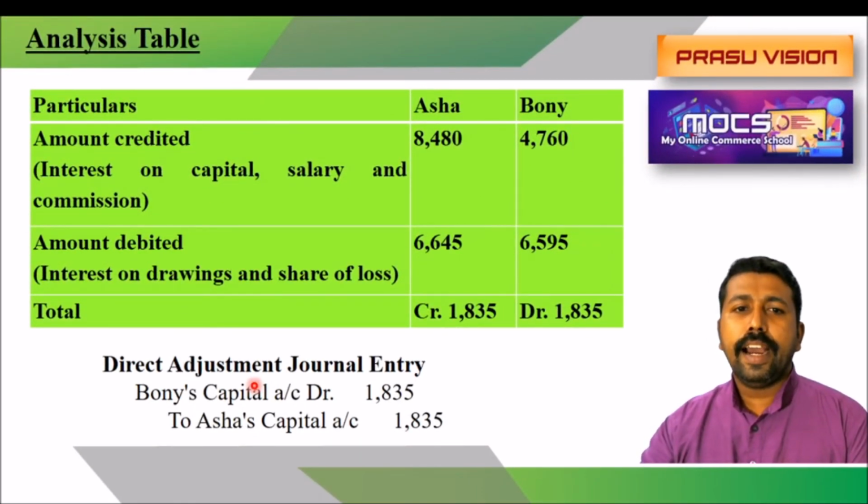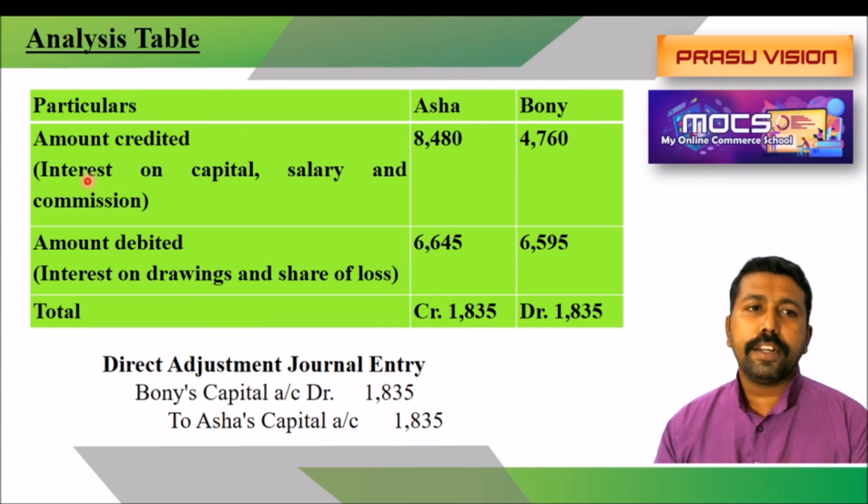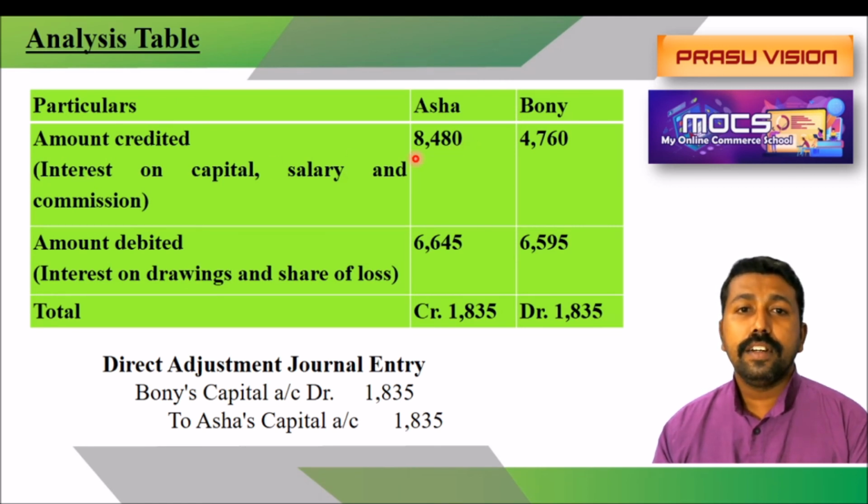So here is the analysis adjusting table. We are writing first the items to be credited in partners' capital. So interest on capital amount is here. Salary of Asha, and for Boni, interest on capital plus amount of commission, that is 4,760.